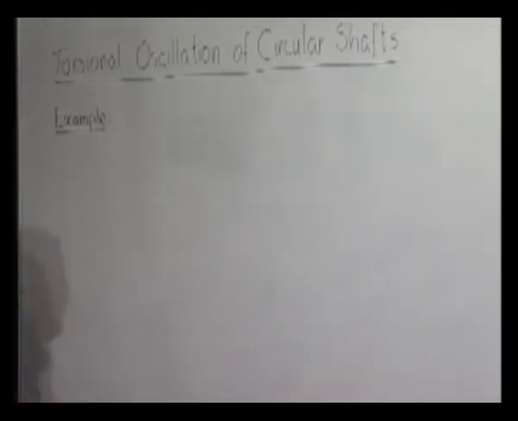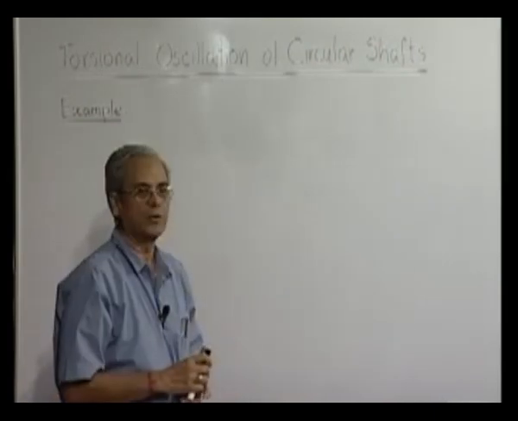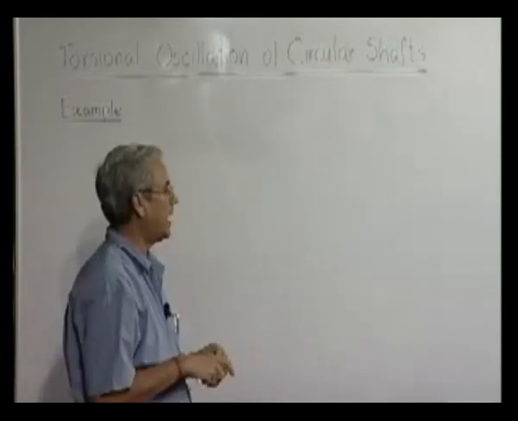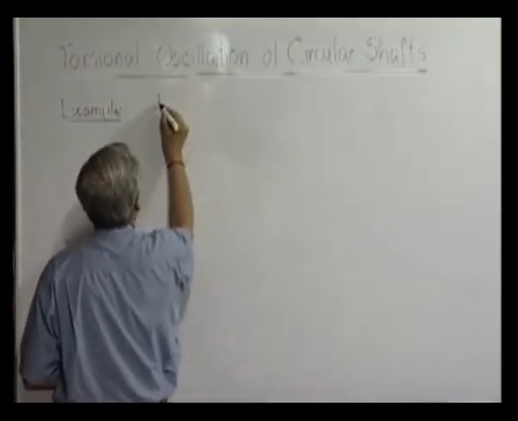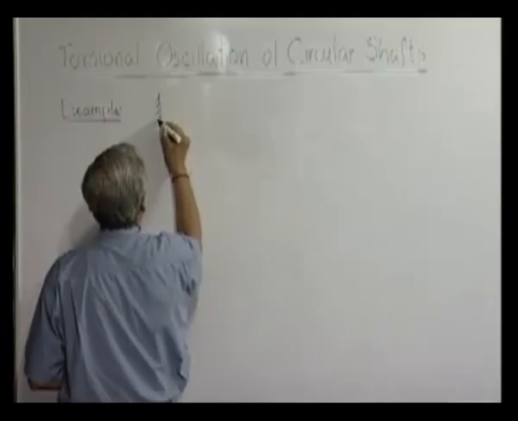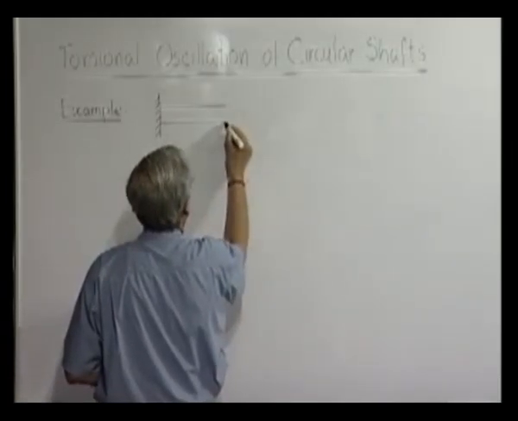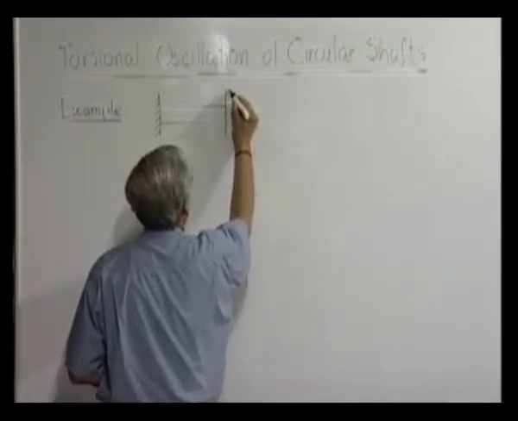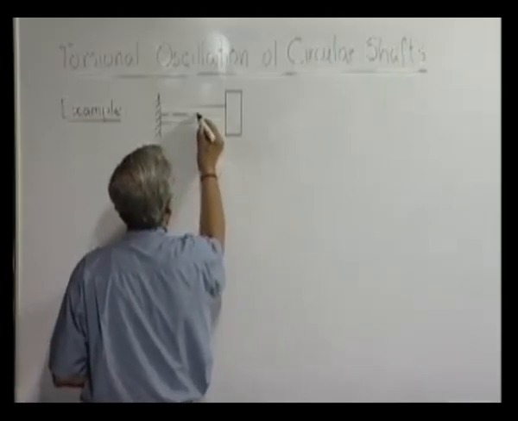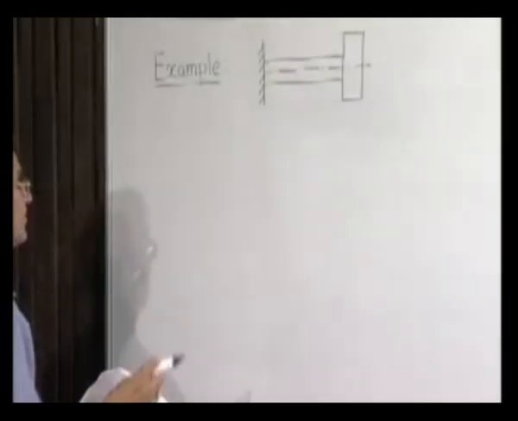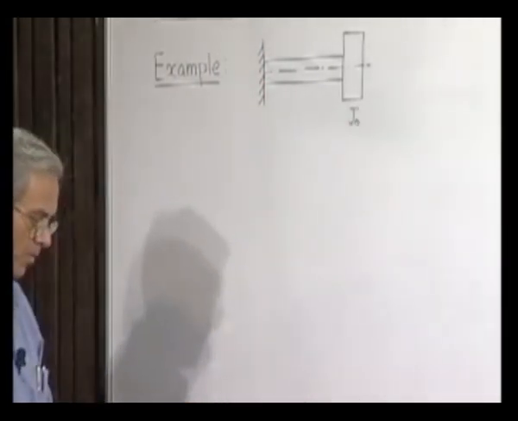So instead of solving the type of problems which are identical in form with the problems which we solve for longitudinal oscillation of a bar, let us consider a case where we have to deal with the other kind of problem. That means a shaft carrying a disc at the free end. Say the polar moment of inertia of the disc is J0.